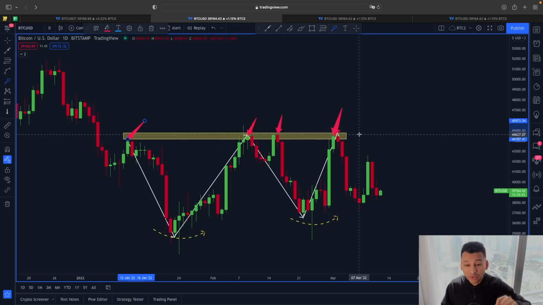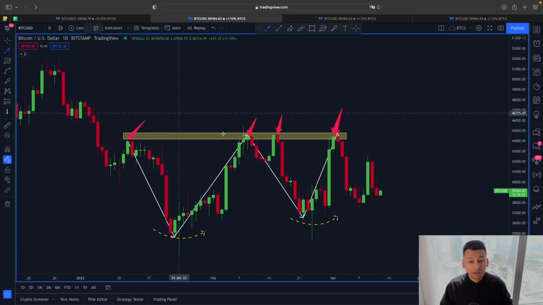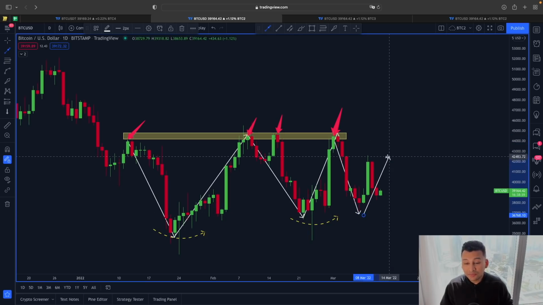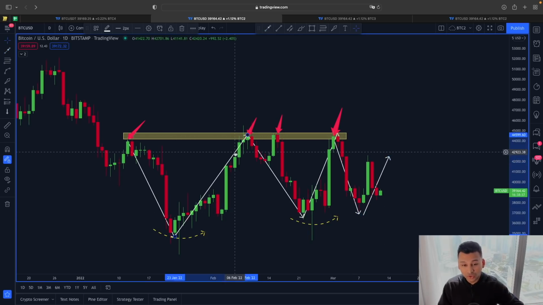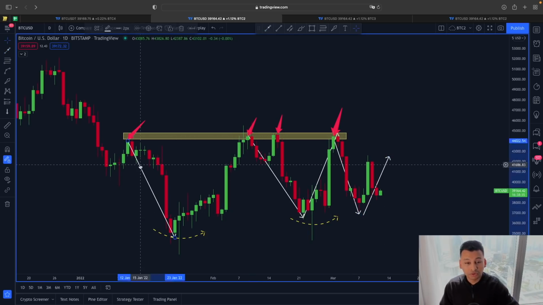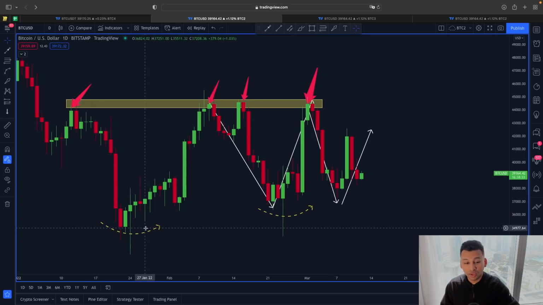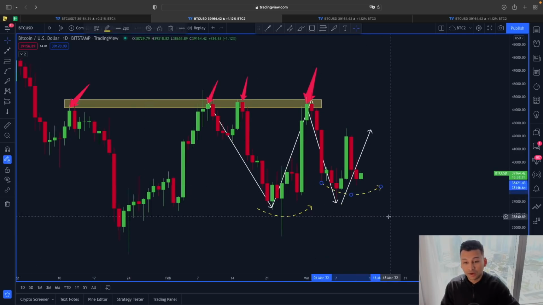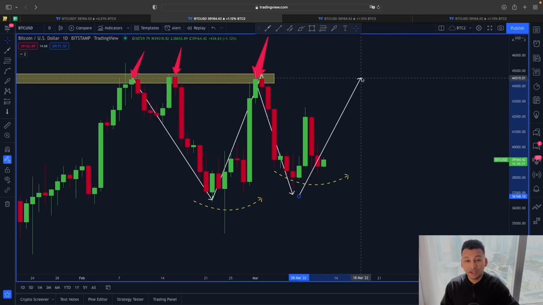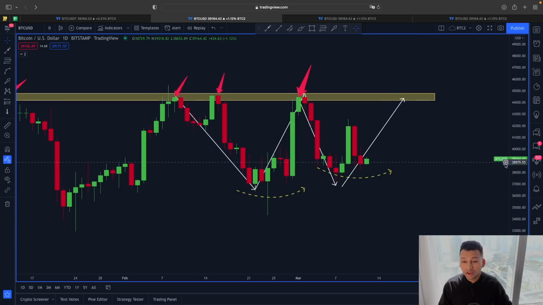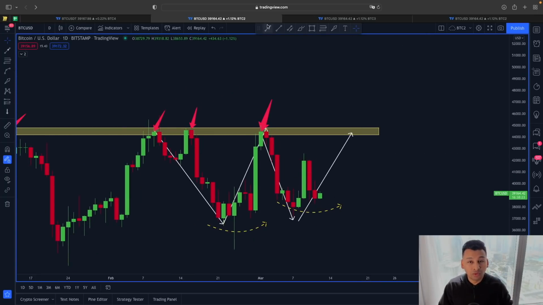And now if we look at this one more time and simply add another leg here, if we are going to ignore the first double bottom and only focus on the second one, you can see right now if we want to show any sort of movement, then we have to break out of this resistance, this 45,000 resistance, and flip it into support.